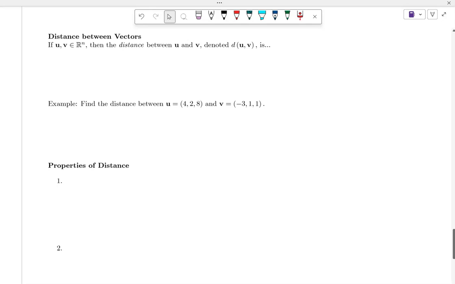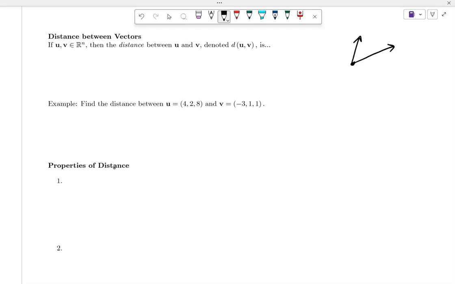Let's talk about abstracting, because again, we're going to try to abstract these things when we get to more arbitrary inner product spaces. Let's see if we can talk about what we mean by distance between two vectors. That sounds a little bit weird because when you think about vectors, generally speaking, usually you think about them all starting at the origin and then pointing out, right? Something like that. Okay.